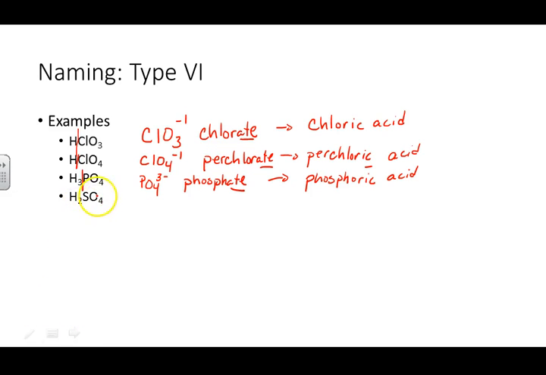And we have H2SO4, another one that's a little bit different. SO4 is sulfate. Because it ends in ATE, we know we're going to have an IC ending on the acid, but rather than sulfic, this is sulfuric acid.